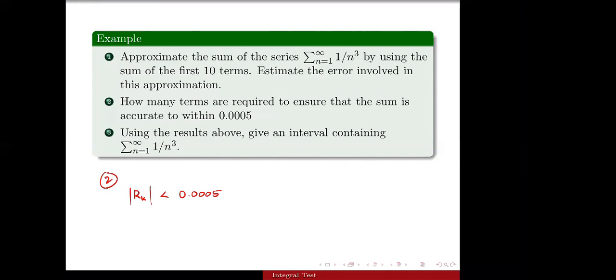To make sure that this inequality is true, we will find k, a positive integer, such that the integral from k up to plus infinity of dx over x cubed is less than 0.0005.